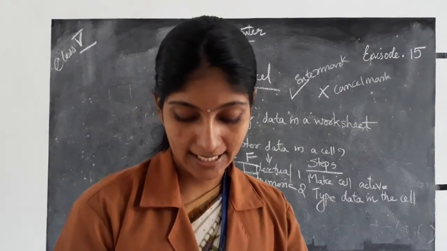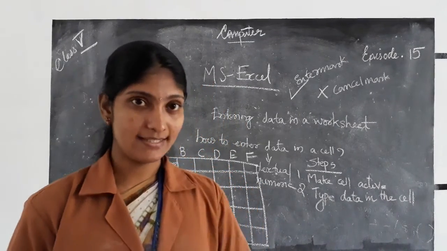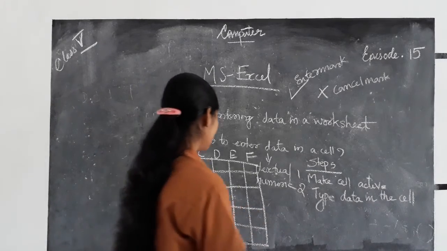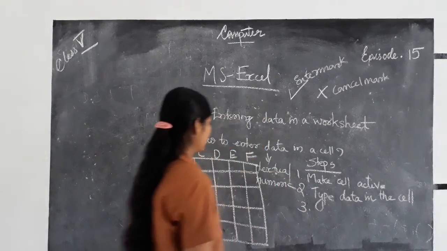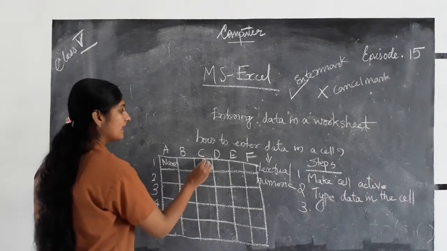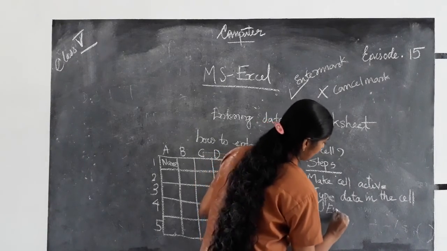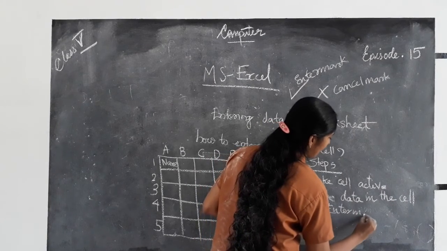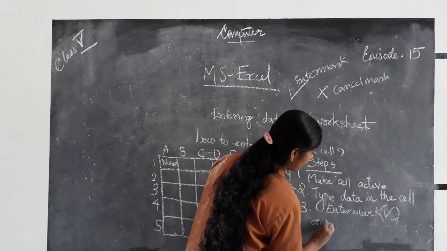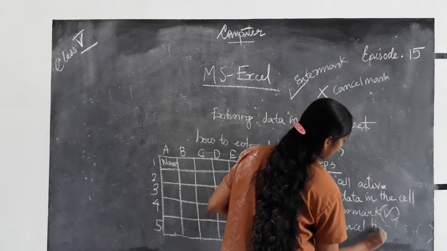So that's the next step. First step is make the cell active. Second step, type the data in the cell. And the third step, when we type the word in a cell, there are two buttons: the enter mark button and the cancel button.